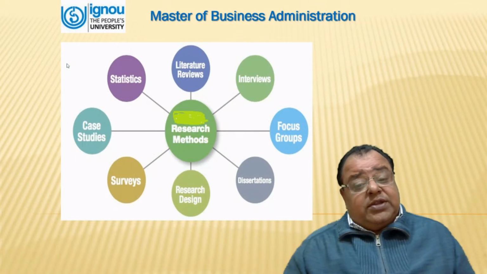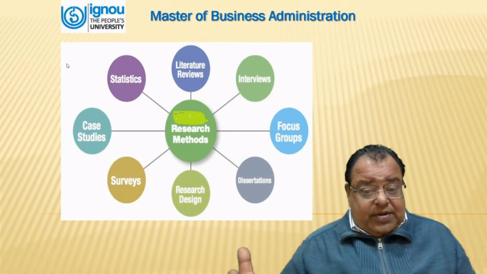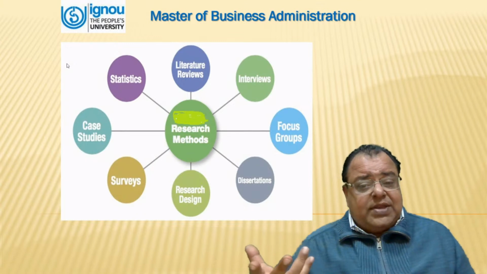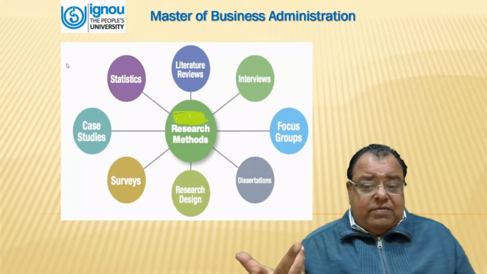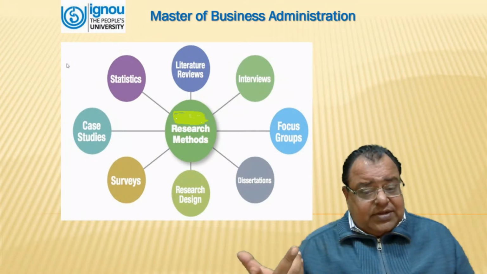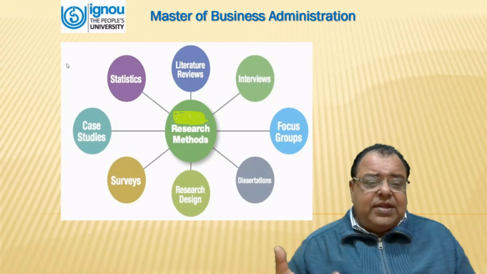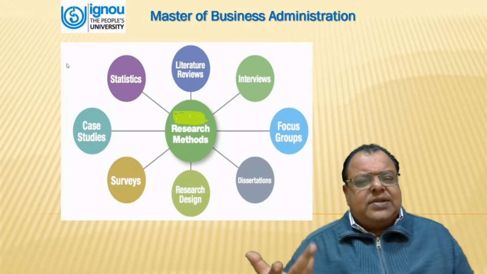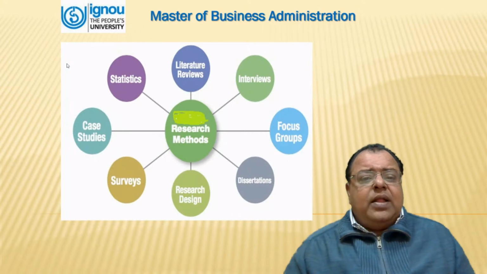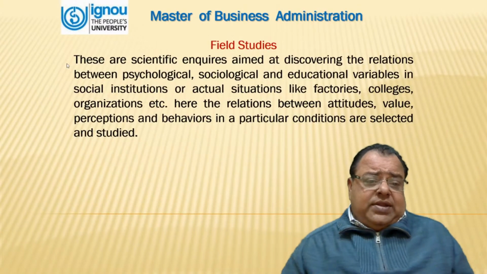What are the different research methods? In short, we can see from this diagram: interview, focus group, dissertations, research design, surveys, case studies, statistics, literature review. Field studies.